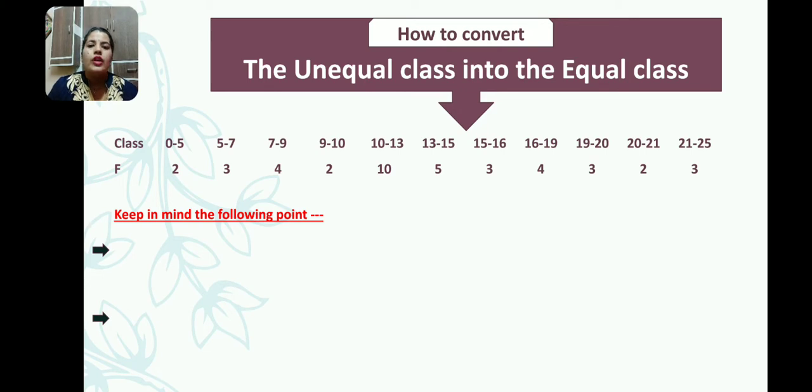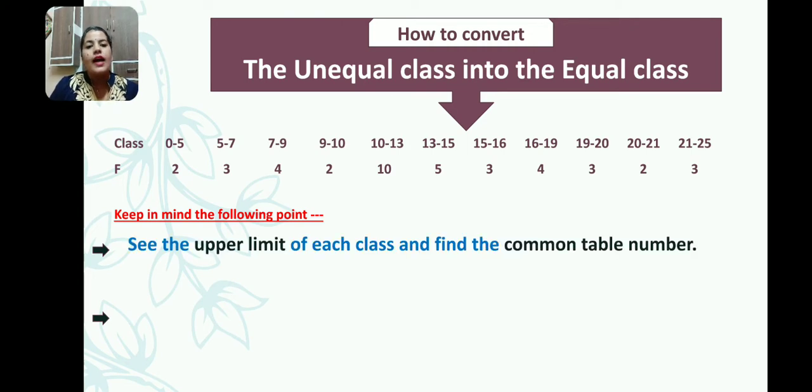To convert the unequal class into the equal class, you have to keep some points in your mind. Number 1, see the upper limit of every class. You can see here the upper limit of the first class is 5, then 7, then 9, then 10, then 13 and so on.